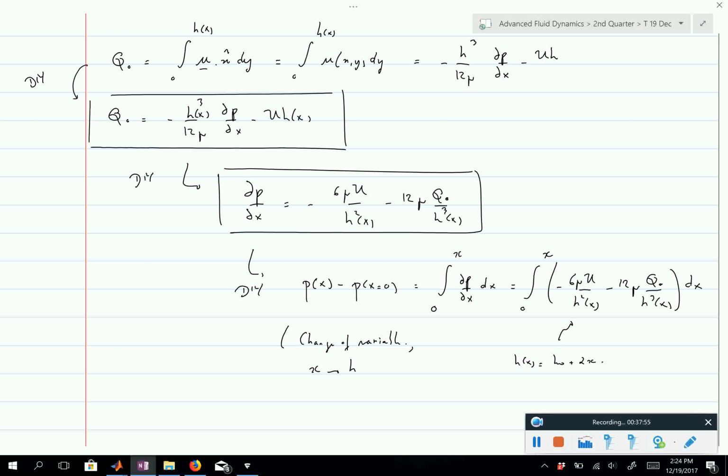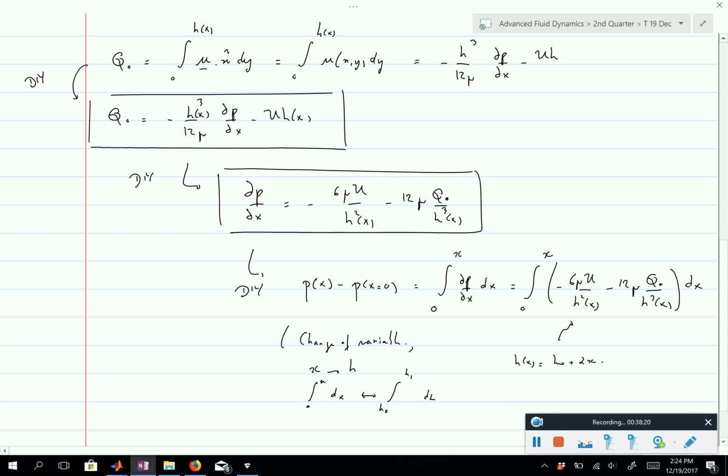So you change this integral from 0 to x dx into an integral from h0 to h1 dh. You can do both. The equivalent is just that the one in h is easier to write because you already have this function here as a function of h. So it will be easier to integrate in h than to integrate in x.